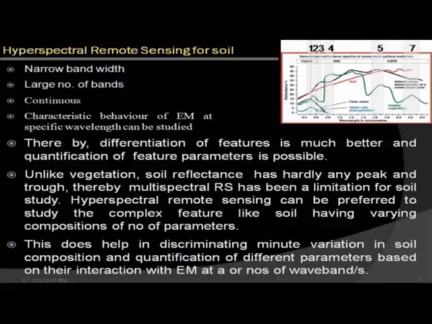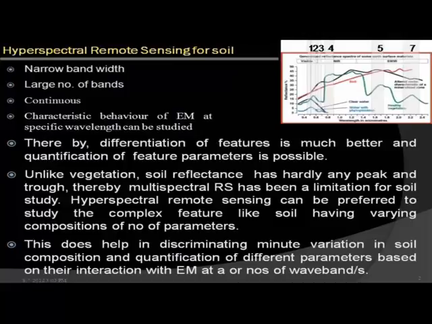But looking at the soil, you don't get so many ups and downs. That means soil's interaction with the electromagnetic spectrum in different wavelengths is not that strong compared to vegetation. That has been a challenge for remote sensing people, and also soil scientists, to characterize soil with remote sensing as well as you are able to do with vegetation.